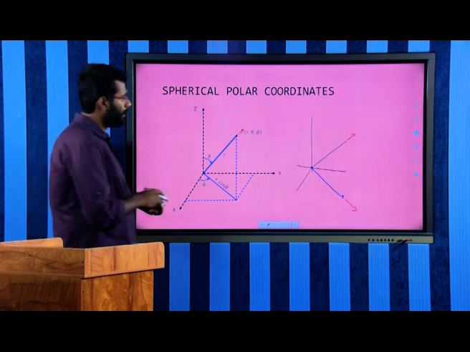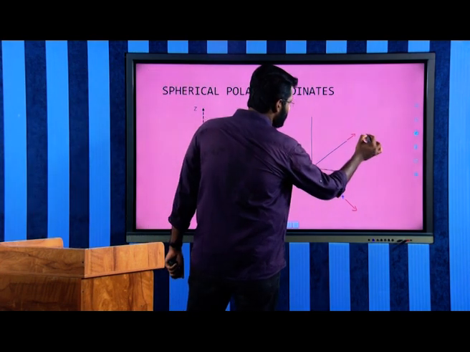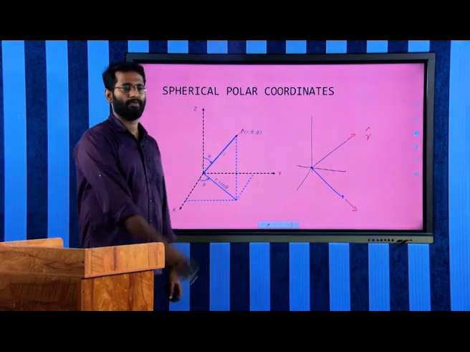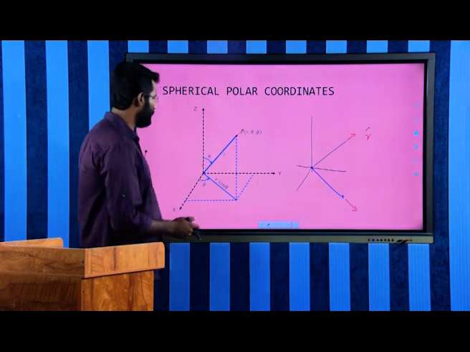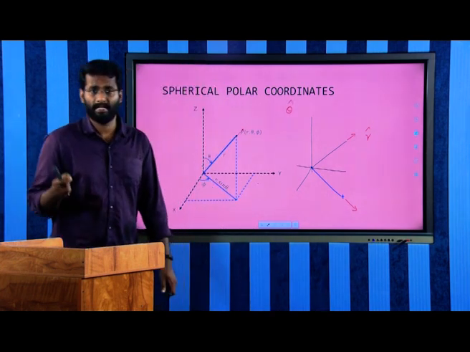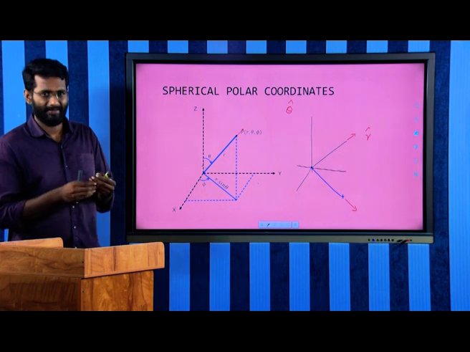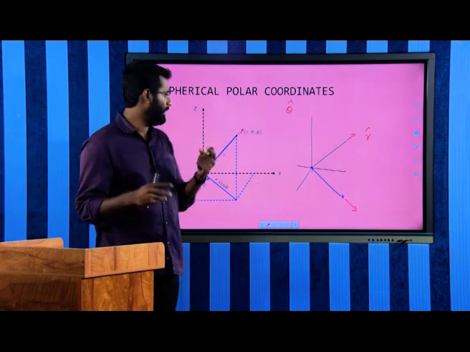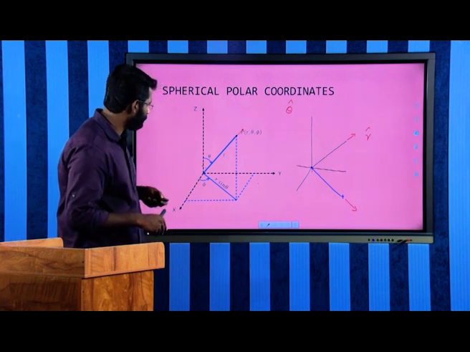Now what is the direction of theta cap? We call this arrow r cap, what we use for the unit vector in the direction of r. Now theta cap represents the direction of theta. A very small increase in theta will correspond to this direction.